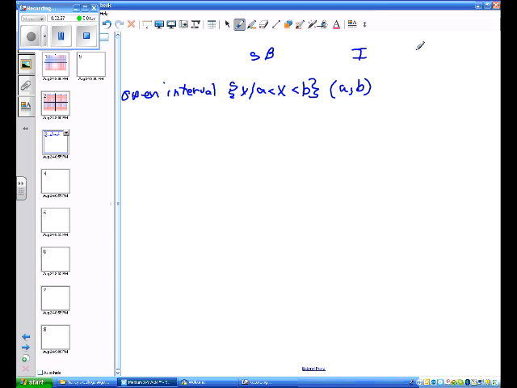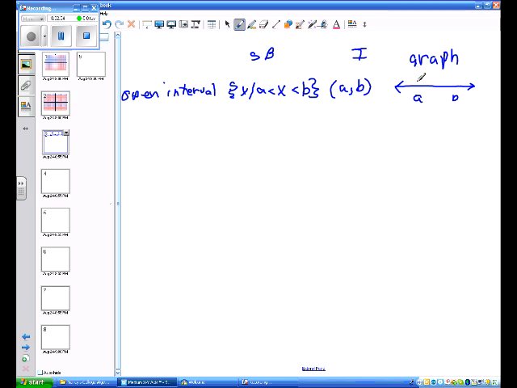And then we can graph this. We're even going to graph it a little bit differently than you may have in the past. So if we have our number line, and we have our point A and our point B. Normally, what you would do in the past is you would put circles there and you would leave them open to show that it doesn't include that circle.